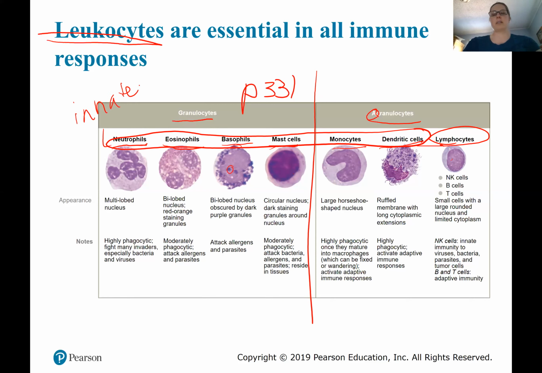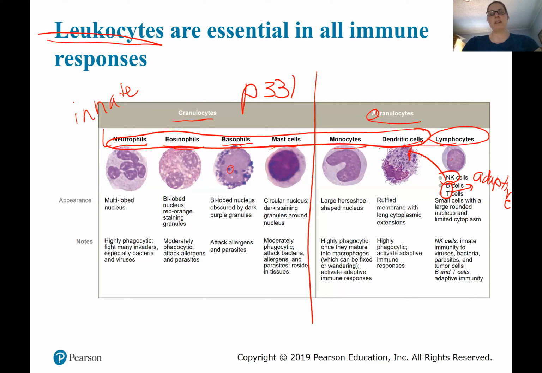They do not act specifically. Lymphocytes, however, which include the B and the T cells, I'm going to put this arrow down here, are the ones that work with the adaptive immunity. NK cells also technically go with the innate immunity.